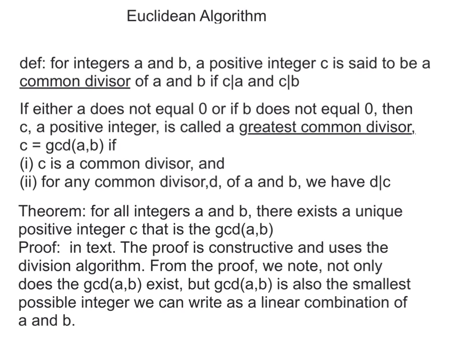The proof is constructive and uses the division algorithm. And from this proof, we note not only does the greatest common divisor of a and b exist, but it is also the smallest possible positive integer we can write as a linear combination of a and b. So actually, we do use this fact quite a lot, the linear combination.